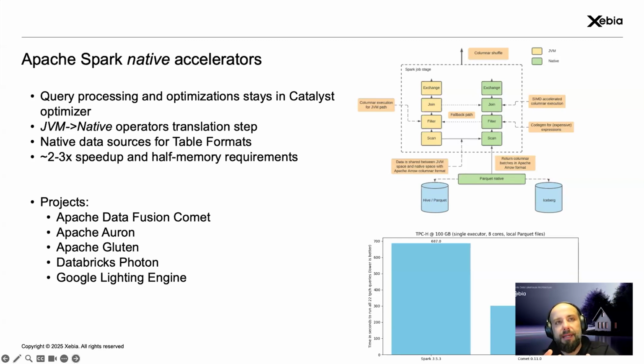You can just add a few configuration parameters to your job, plus provide some additional artifacts, meaning some jars, and you can then switch to the native execution. This native layer is running within the same process as Spark. So actually from the end user perspective, there is not much difference when switching between these two.